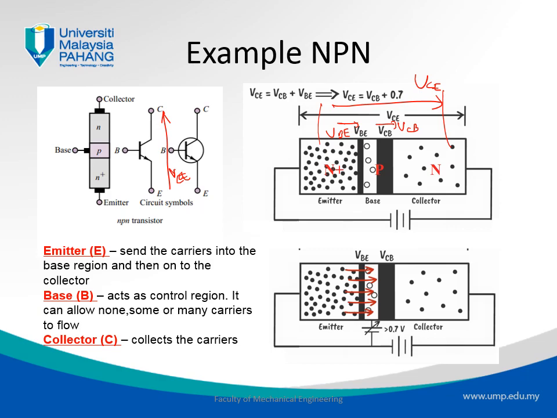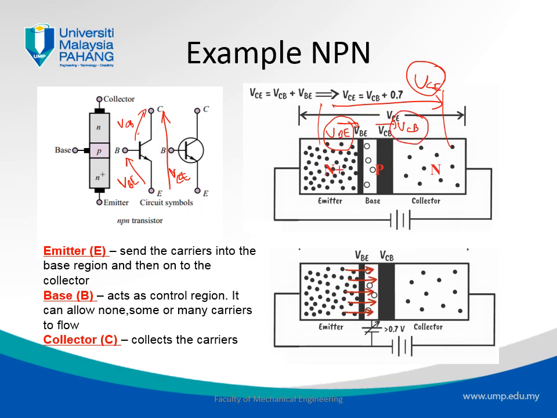VCB is this voltage, between point B and point C. And the last one is VBE, this voltage between the points E and B. So if we look at these, VCE is the addition of VBE and VCB.